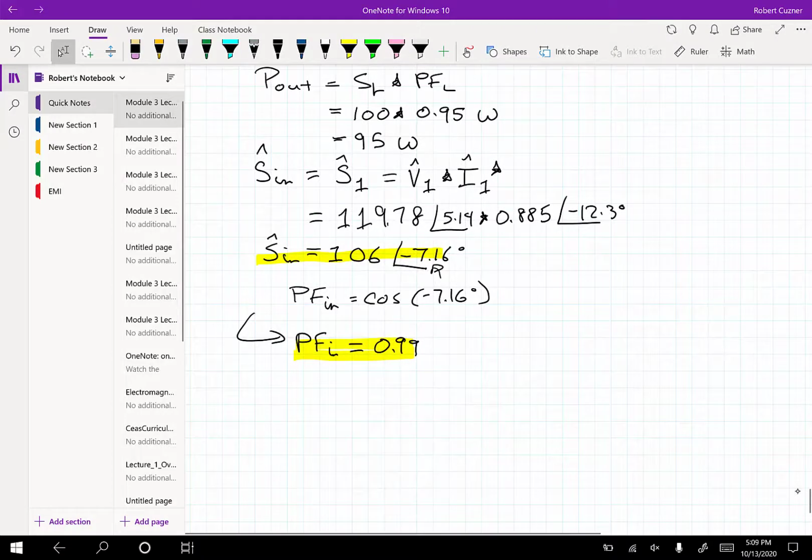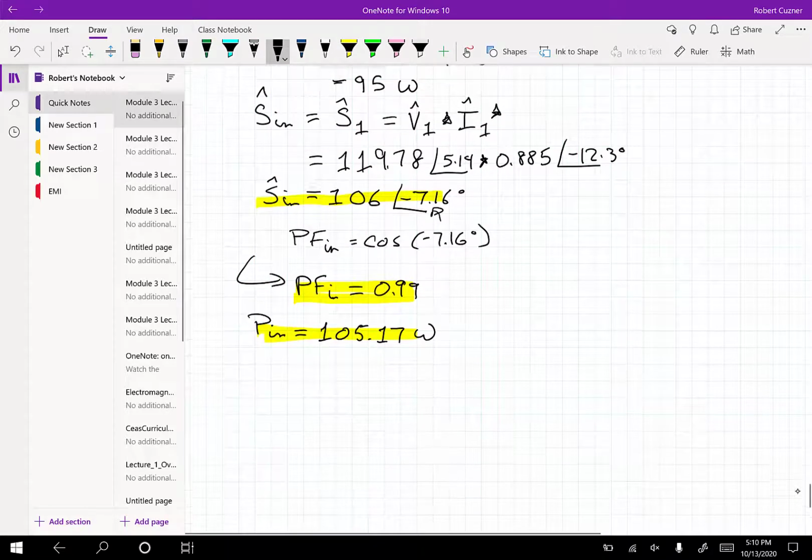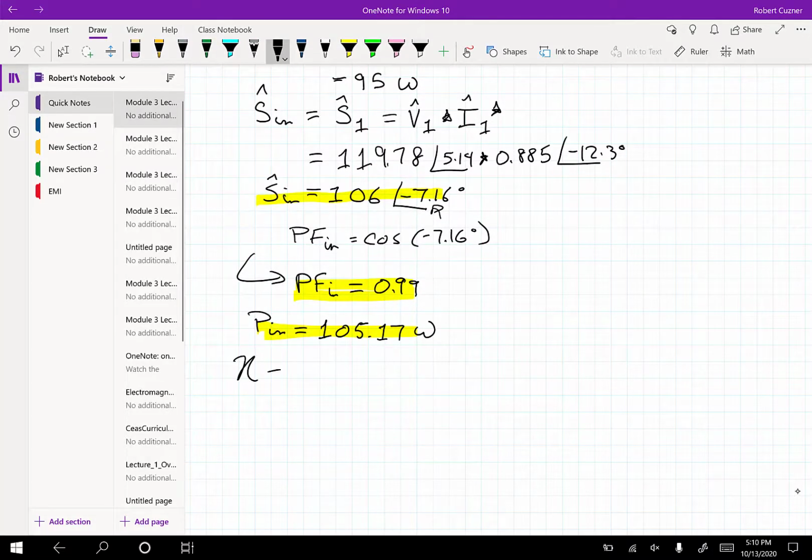Now I know that I can find the P in. P in is equal to 105.17 watts. So the efficiency in this case, and this is the symbol we use for efficiency, is the P out over P in.